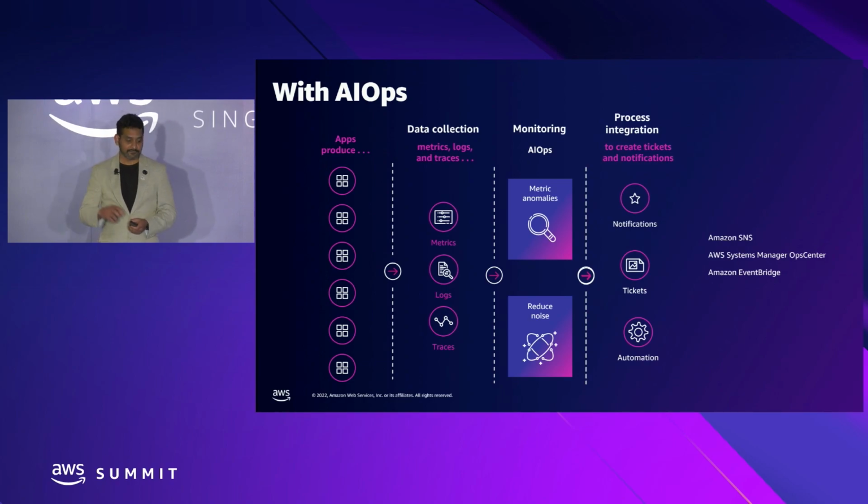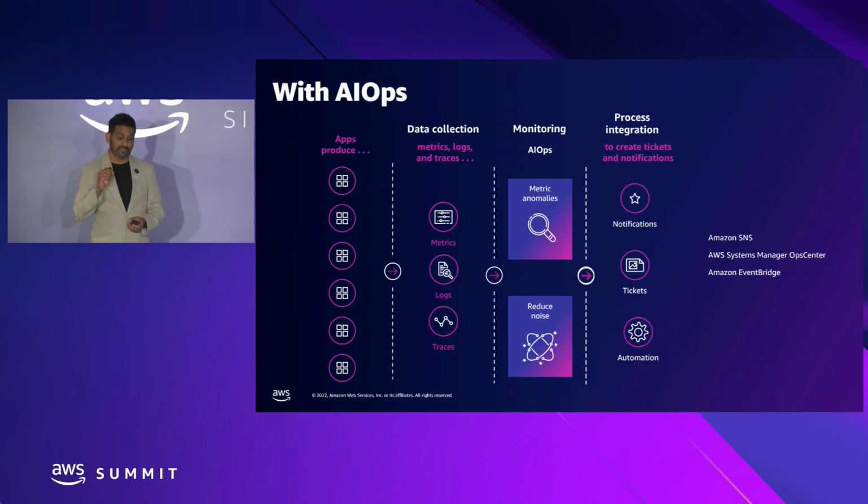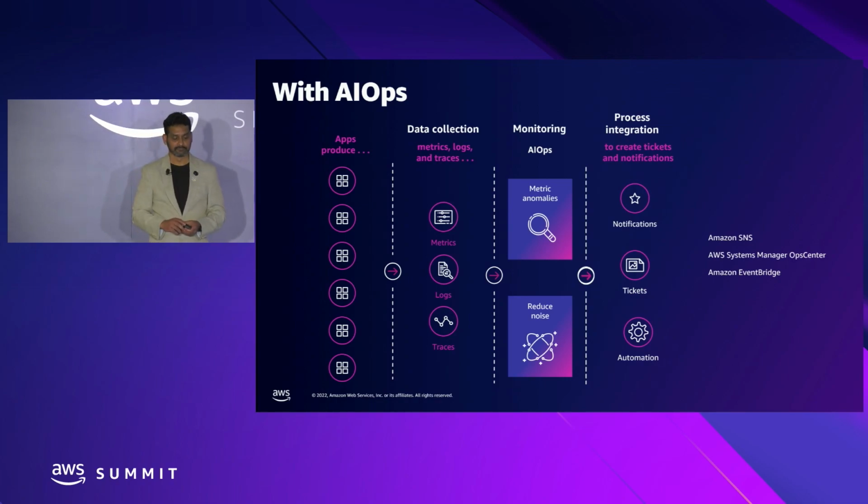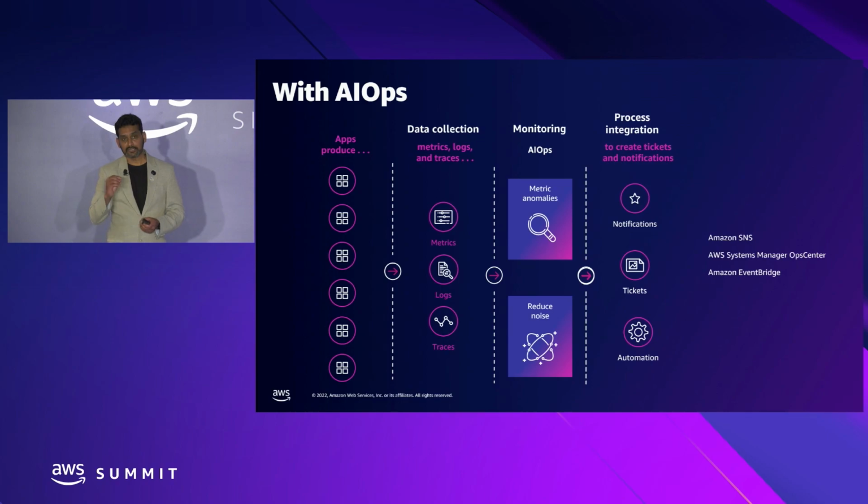So let's look at what AWS can offer that can help you add intelligence to your IT operations without the need of creating or maintaining your own machine learning models. Help you avoid that heavy burden and start thinking about how we can leverage a few services within AWS so that you can easily start thinking about using AI for your IT operations.